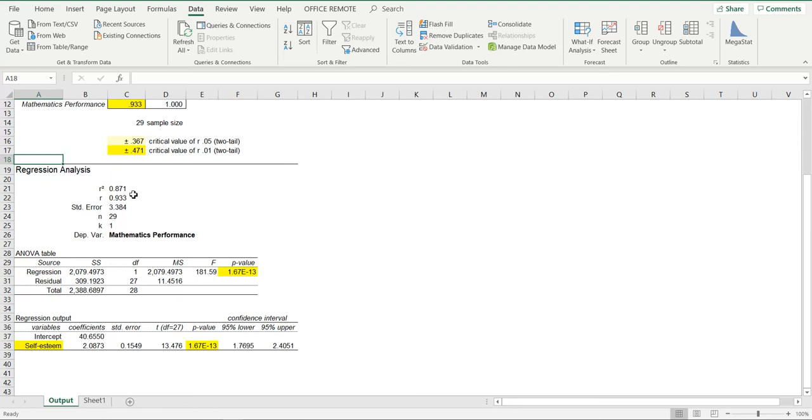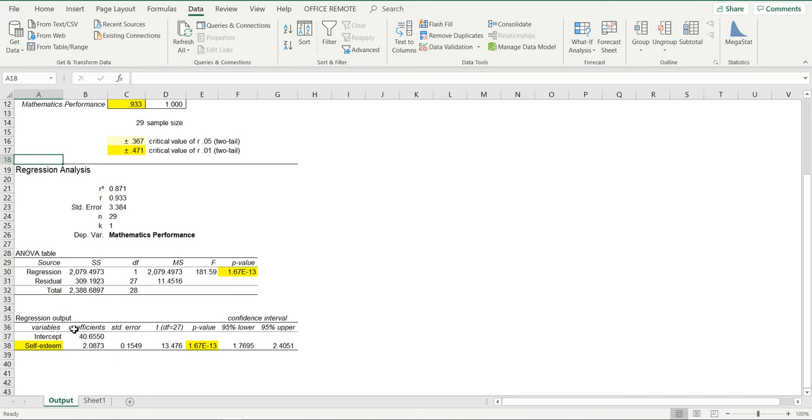In this case, 87.1% of the data is being explained by our model. The other 12.9% of the data is affected by other factors. Now, let's go to our regression output.